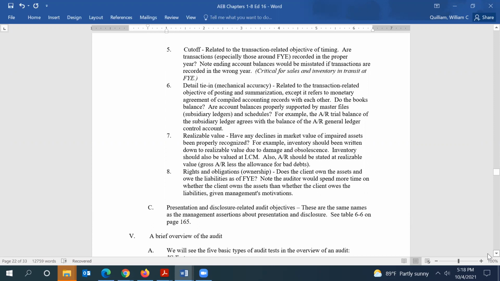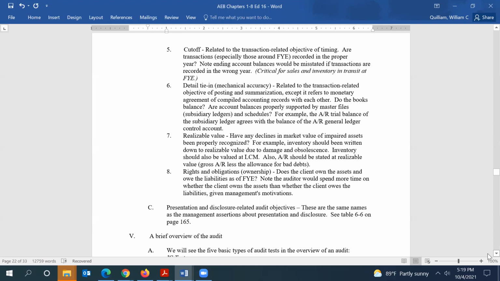Then number 6, detailed tie-in, sometimes called mechanical accuracy. It's related to the transaction-related objective of posting and summarization, except it refers to monetary agreement of compiled accounting records with each other. Do the books balance? We're always asking that. Are account balances properly supported by master files, as your book says?